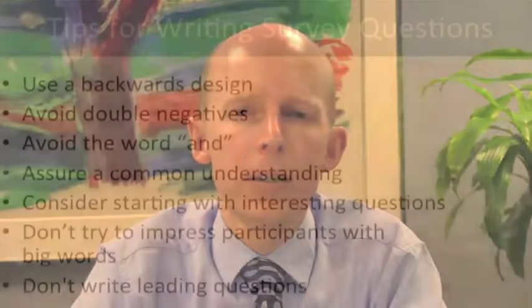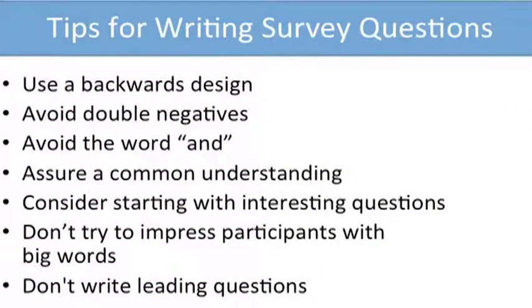In thinking about writing survey questions, we often want to use a backwards design process. So as you start to write specific questions within your survey, think about what information you require and then try to write the question that will get you that information. You also want to avoid double negatives. So don't use the word not twice in a survey question.